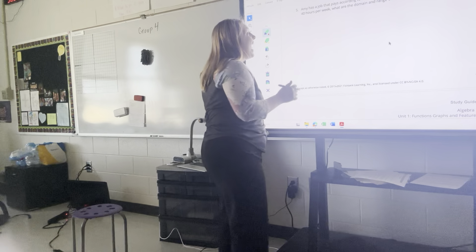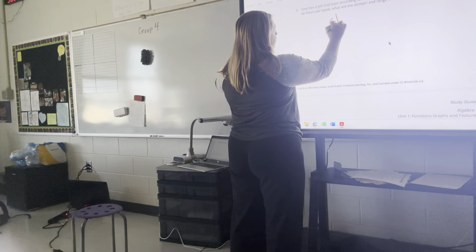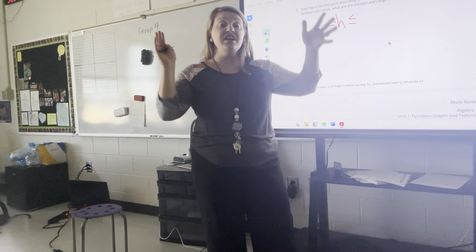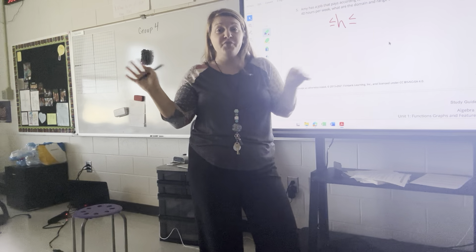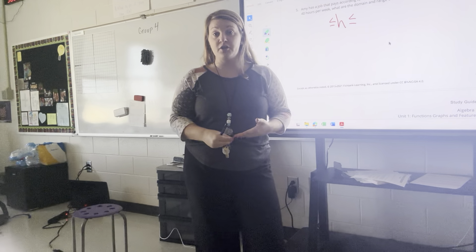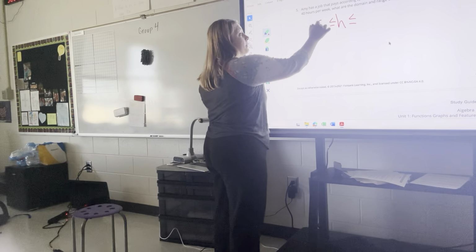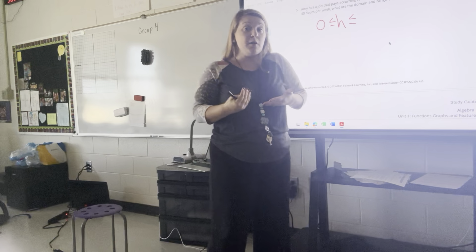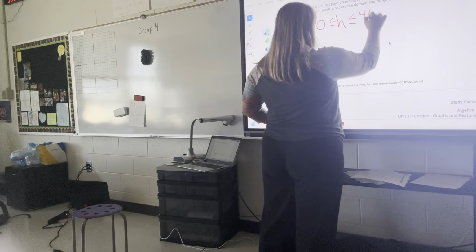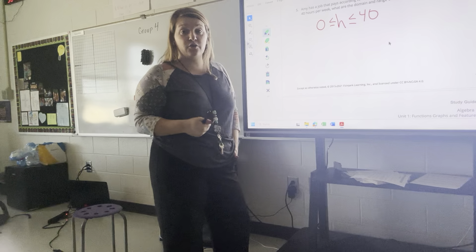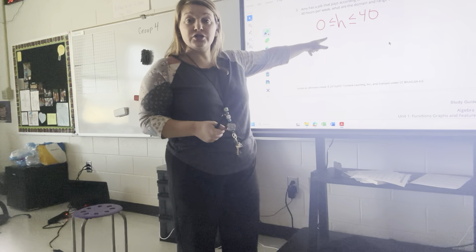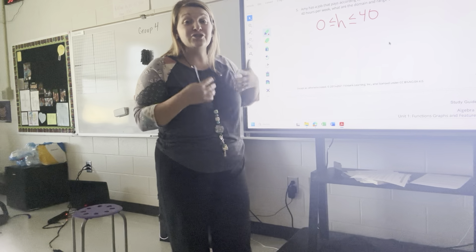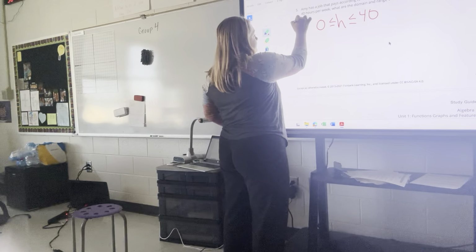So if Amy is sick, okay, or her kid is sick, or worst case scenario, or maybe she just doesn't want to, what's the minimum number of hours that she can work? 0, right? Okay, but her maximum is given by her job. So the maximum number is 40, okay? That's the max number of hours that she could work that week. So we know that the hours, 0 is less than or equal to the number of hours, which is less than or equal to 40. So that's how you would write that domain.